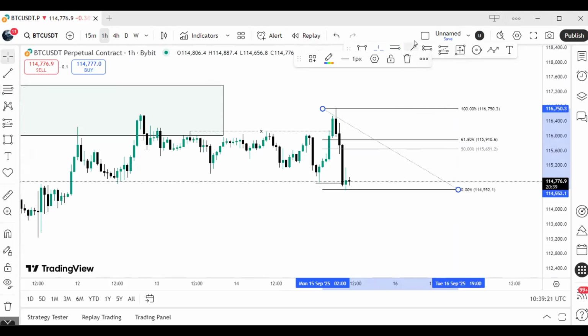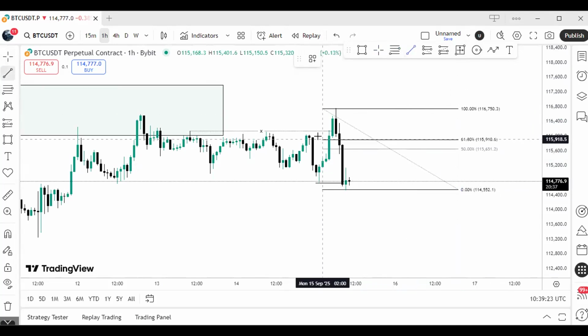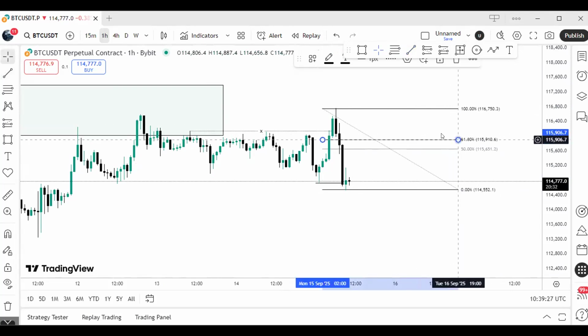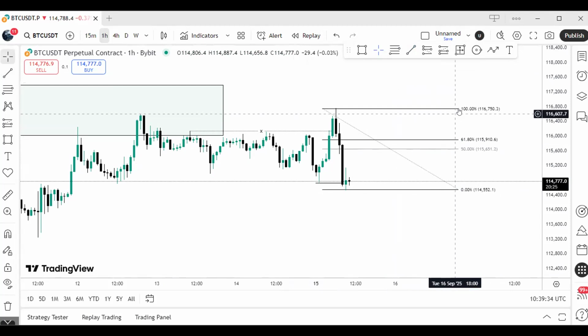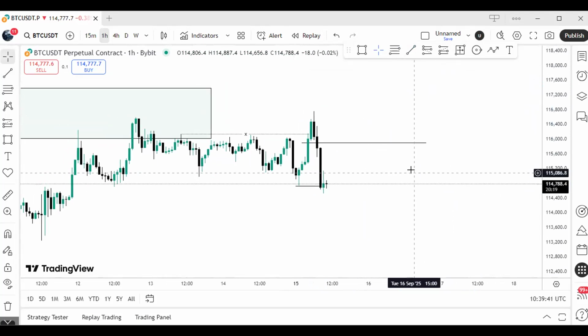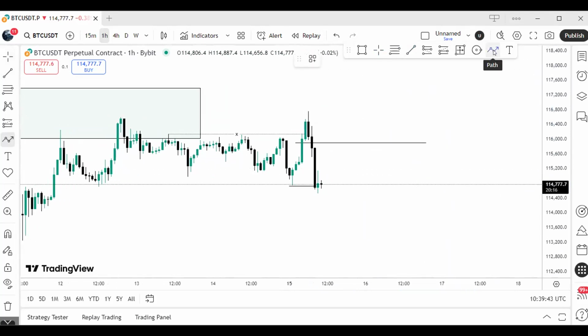And then this zone here is my entry, which is 61.8. So what I need price to do is to retrace to this zone. Then I can switch to maybe 15 minutes or 5 minute time frame for additional confirmations to short the market.